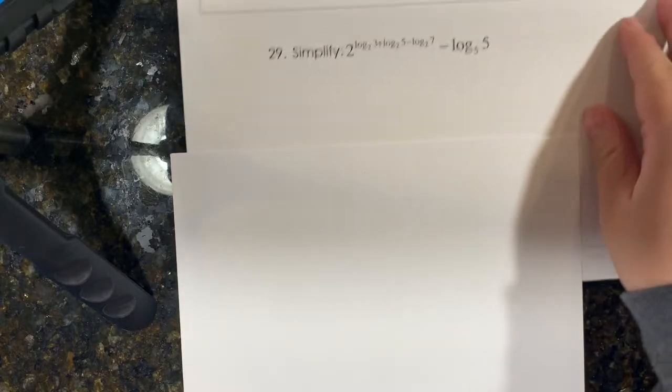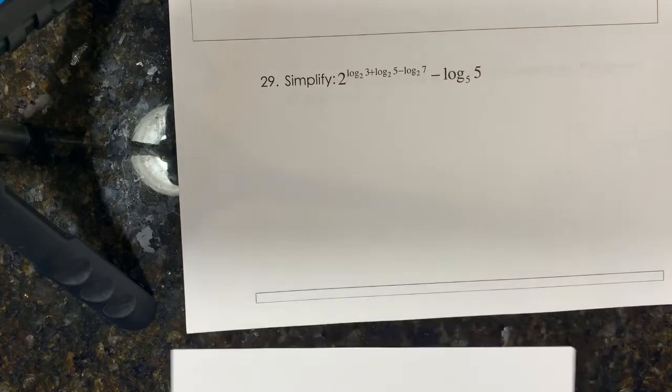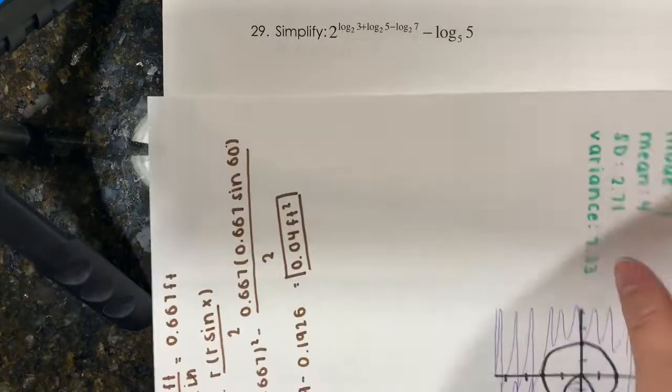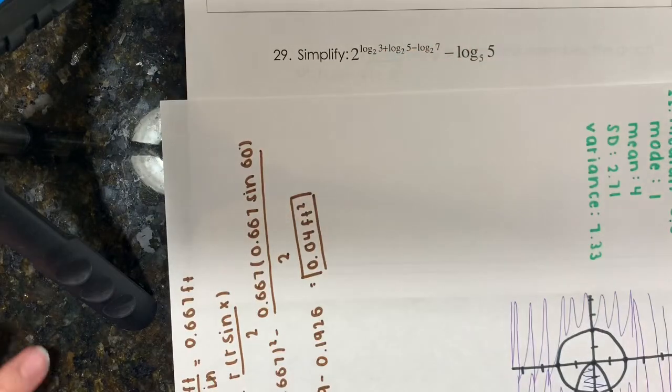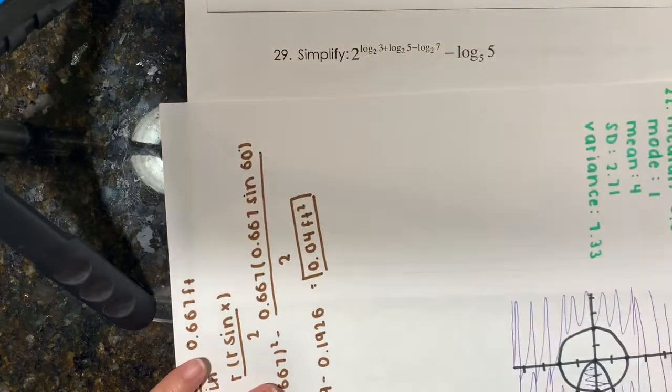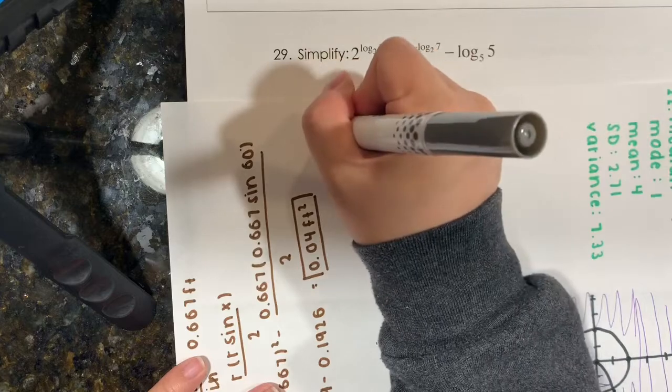Now for number 29, when there's numbers in your exponent, we follow the same logarithm rules. So we're going to do the addition first. So you see the plus sign, so I'm going to multiply those two values.